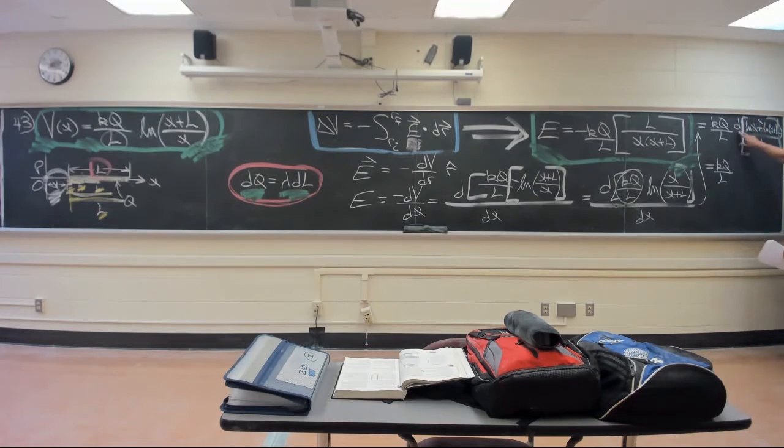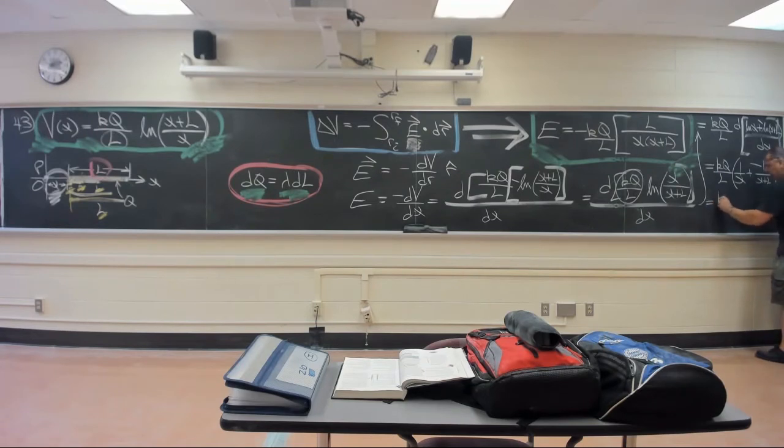We'll do the sum rule. d ln x dx is 1 over x, plus d ln of all this is 1 over x plus L, and that's a negative. All right, well, I almost didn't need to do it. Plus a negative is the same as minus.